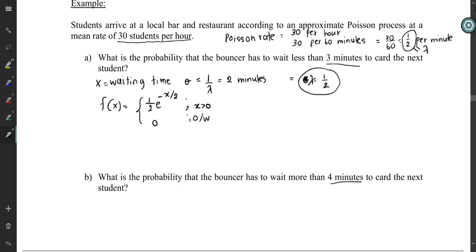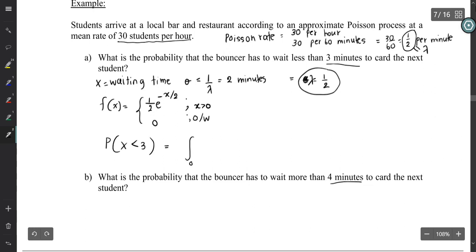What is the probability that the bouncer has to wait less than 3 minutes? So the probability x less than 3. What you have to do is integrate from 0 to 3, 1 over 2 e to the negative x over 2 dx. So you have 1 over 2 e to the negative x over 2, you have negative 2, evaluate from 0 to 3, 2 cancels out.